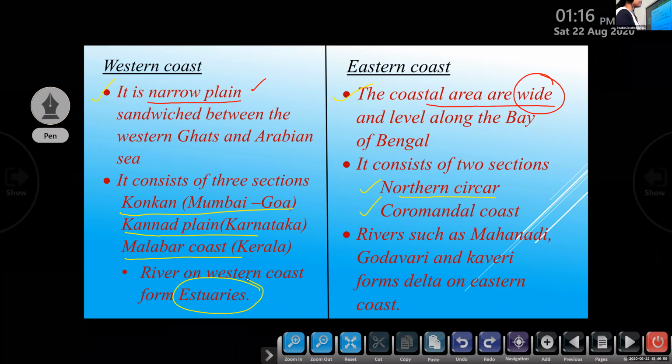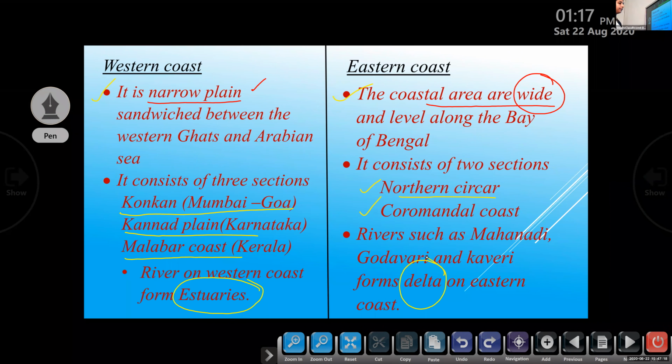Have you studied this in smaller classes? No. Okay. Rivers on the western coast form estuaries. Here, rivers on the eastern coast form delta. Rivers on the western coast form estuaries and rivers on the eastern coast form delta.